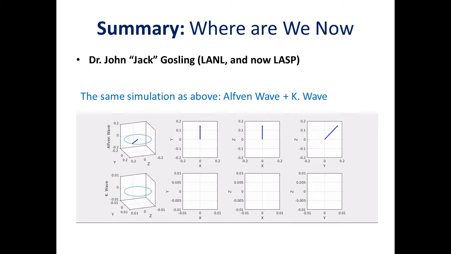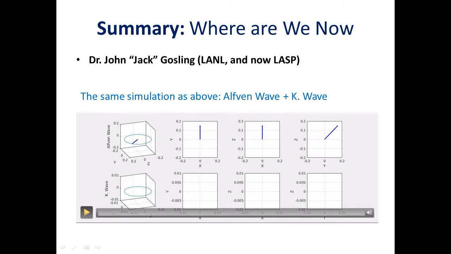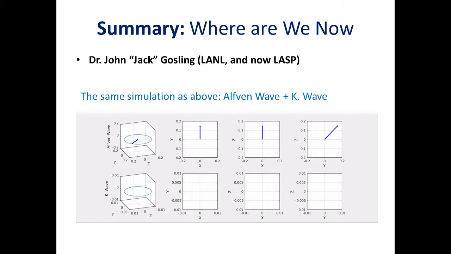And here is the equation. I don't even change the parameters from the simulations that I showed on the second slide. It's the same simulation. The only difference is that I just split the fluctuations in terms of Alfvén wave and Kagashvili waves. The first row shows the Alfvén wave, and the very first picture, the circle, shows the polarization plane, Y and Z, for the Alfvén wave.